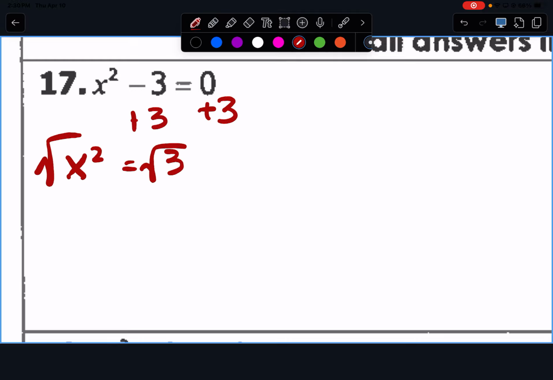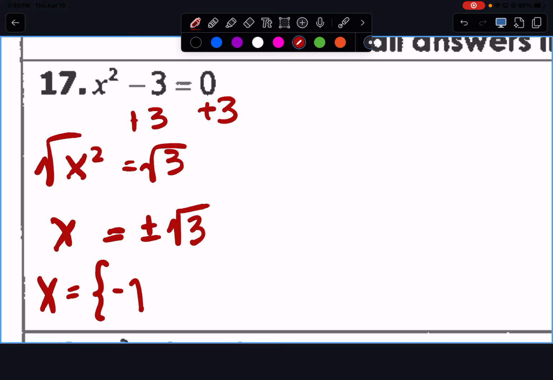Square root both sides. Can I take the square root of 3? No. No perfect squares can go into 3. So what we're going to do is just leave it as positive negative root 3. And so we would write our solution set. That's a very bad squiggly bracket. Negative root 3, comma, positive root 3.